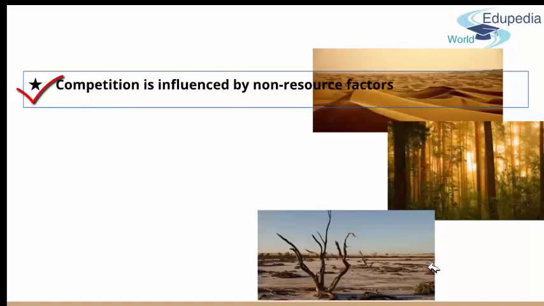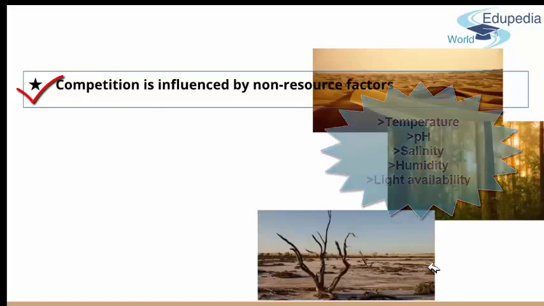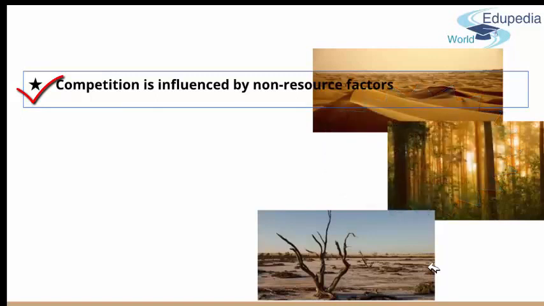For example, environmental factors such as temperature, soil or water pH, relative humidity or salinity, but also light availability, as I talked about in the previous presentations, can directly influence physiological processes related to plant growth and reproduction, yet they are not consumable resources that species compete over.